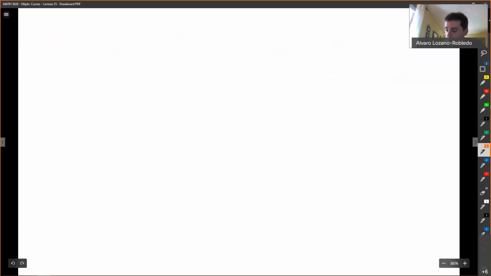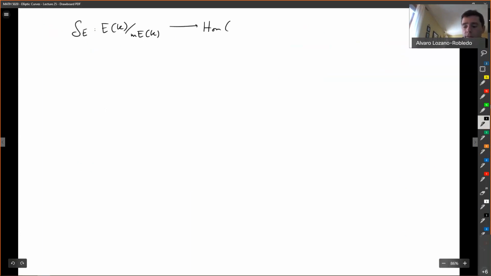Great. So let me repeat that I have delta_E that goes from E(K) modulo M·E(K) into Homs of the Galois group into E[M], such that delta_E of a point P acting on sigma is kappa of (P, sigma).